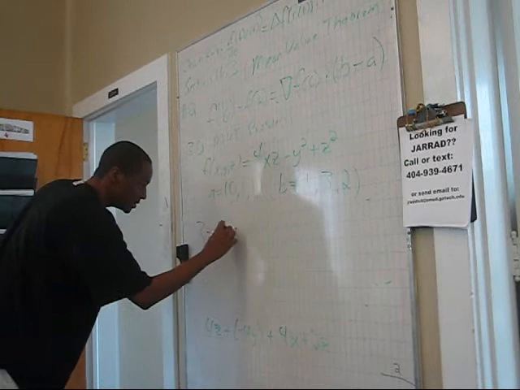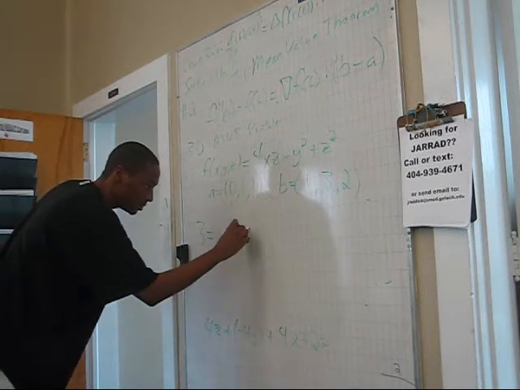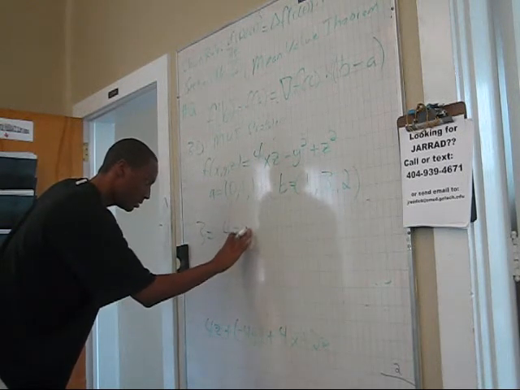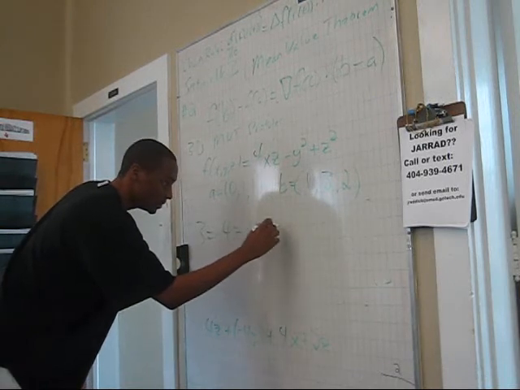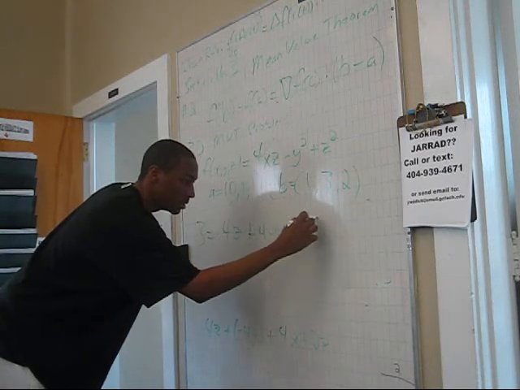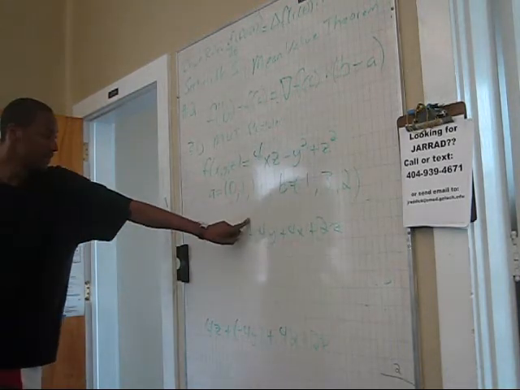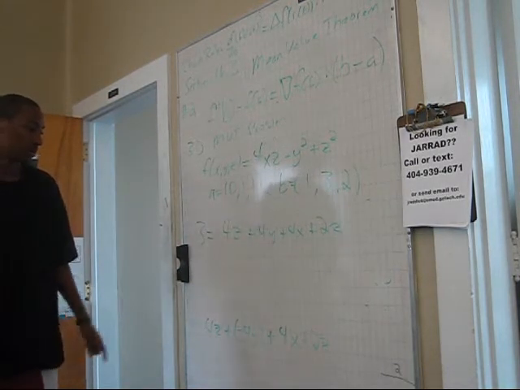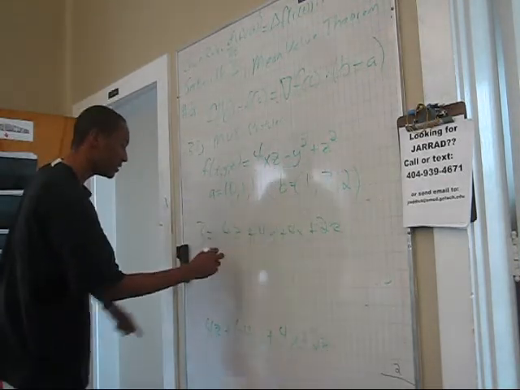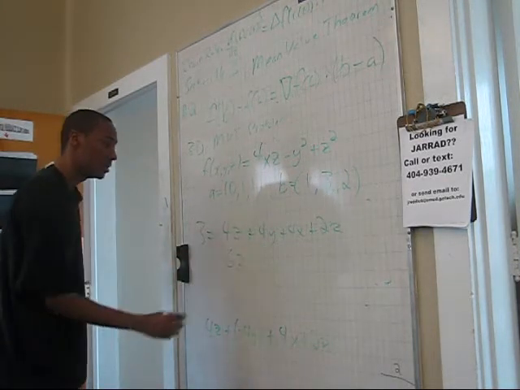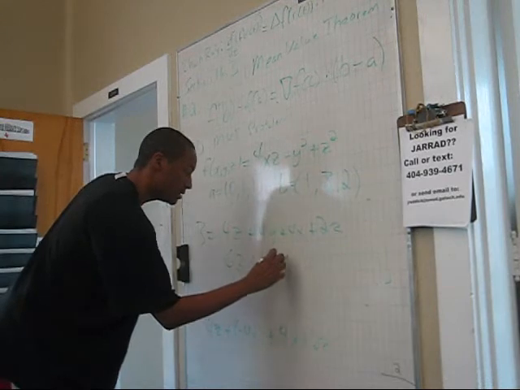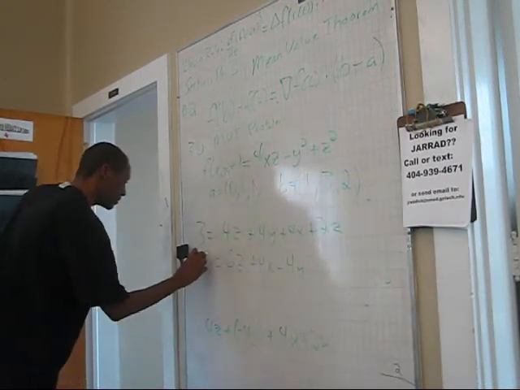So you have this equation, 4z minus 4y plus 4x plus 2z. Okay? You can simplify this by adding your z's together. That'll be 6z plus 4x minus 4y equals 3.